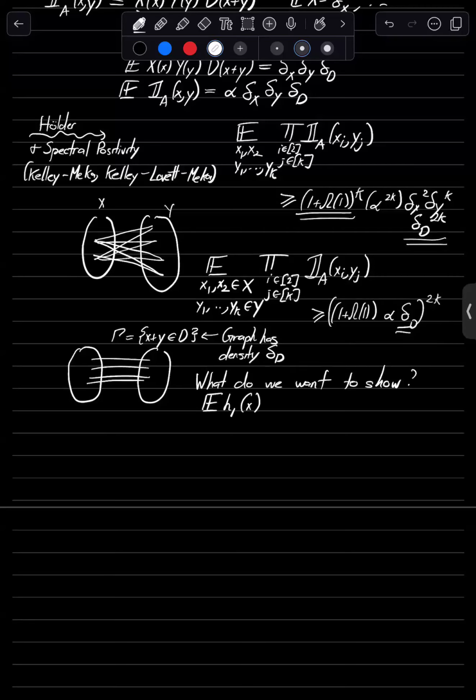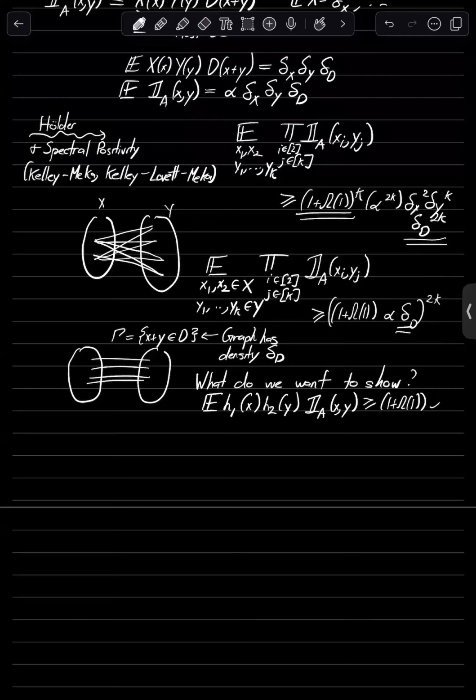So h1 and h2 are non-negative one-bounded functions such that first I get a multiplicative density increment. So the density, instead of being alpha times delta D, is a constant factor bigger, and I have that the expectation of x these h_i, these sets, are quite large.